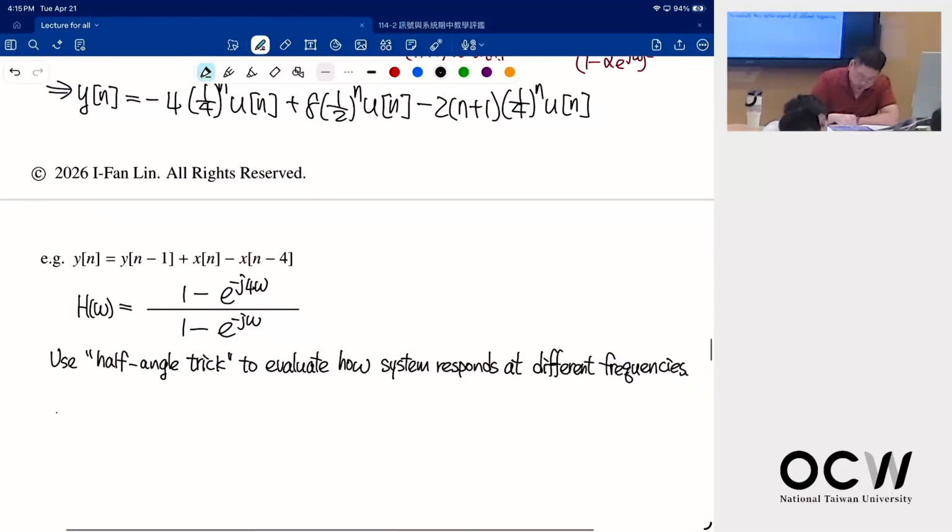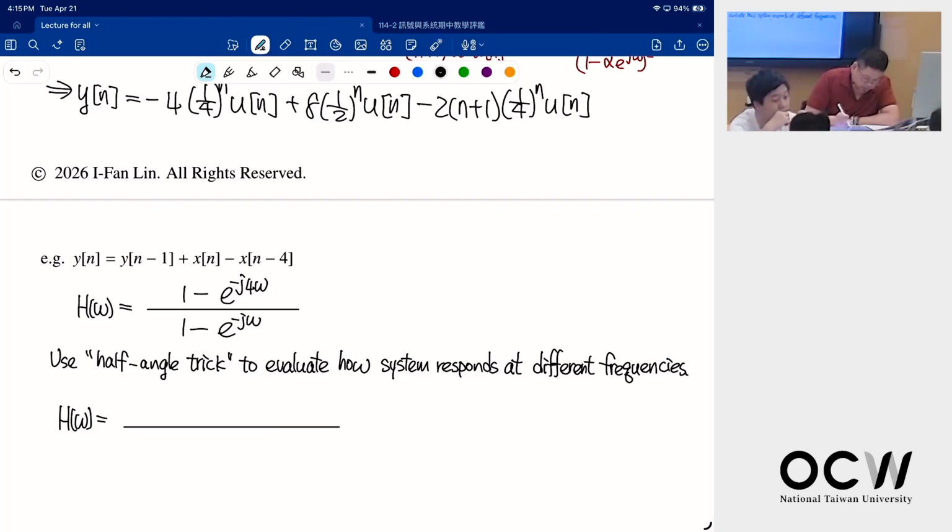So let's do the half angle trick. What is the half angle trick? Now the half angle will be 2 omega.